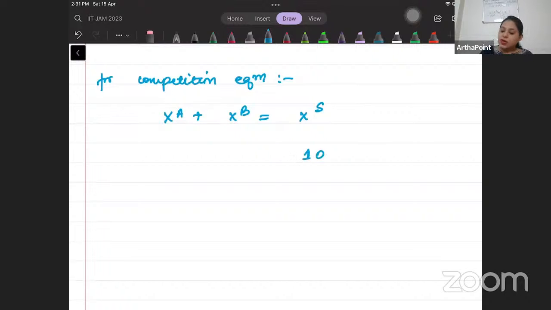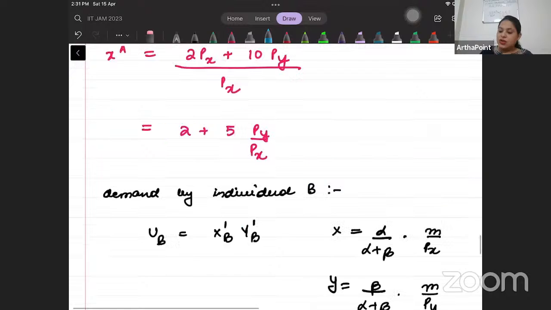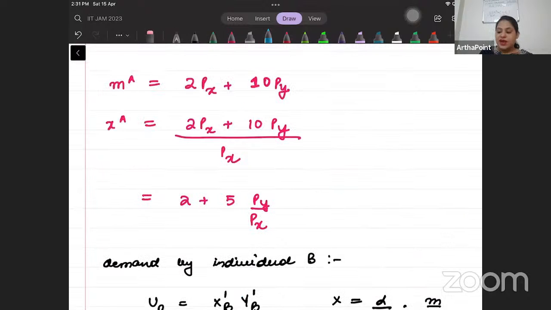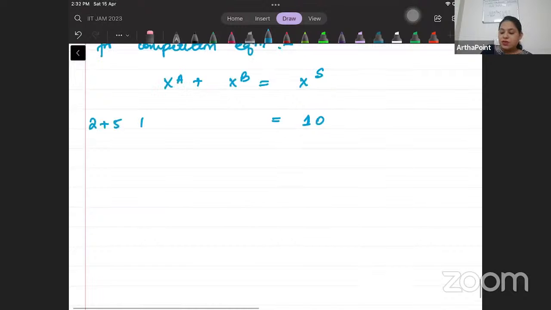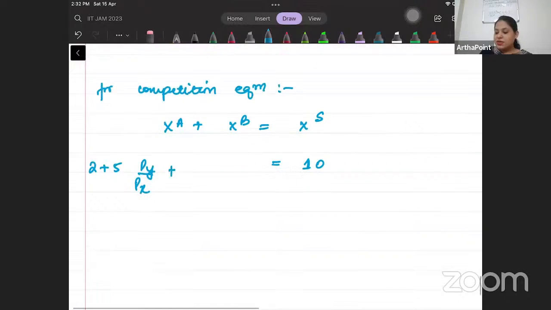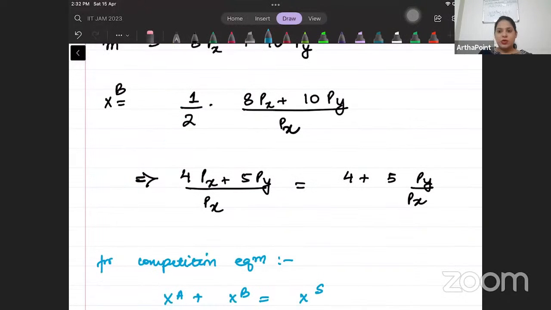How much is individual A demanding? Individual A is demanding 2 plus 5 py by px. And how much is B demanding? Many people do it by the concept of numeraire price. If you want, you can use it. Otherwise, no need. It's okay.